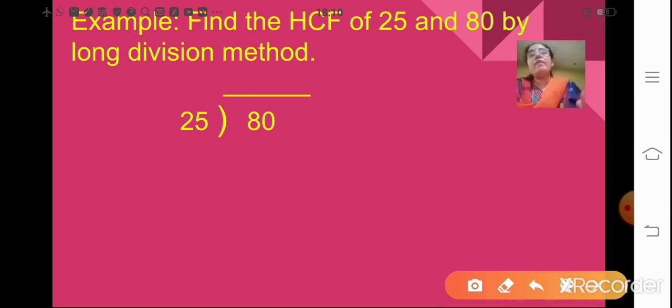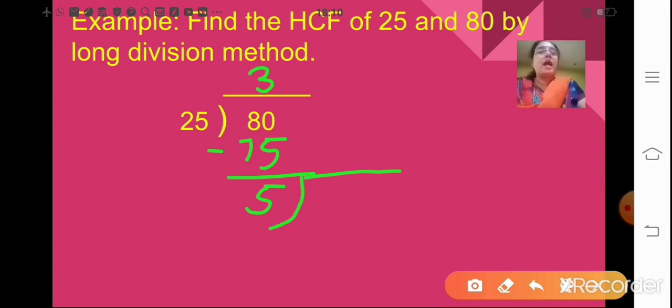Now 25, when you divide it, 25 3s is 75. Now 80 minus 75 will give you 5. Now this remainder will become your divisor and the first divisor will become your dividend, that is the number 25.